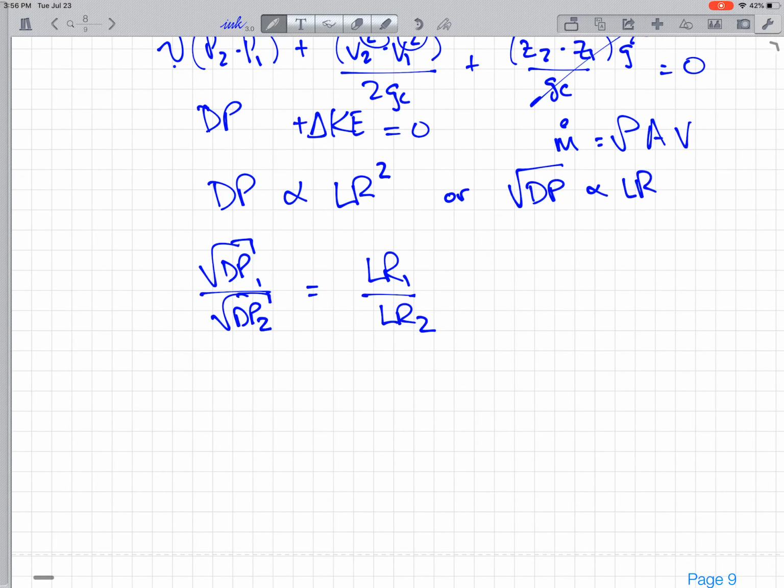All right. So the second leak rate is going to be equal to the first leak rate, multiplied by the square root of dP2 divided by the square root of dP1.